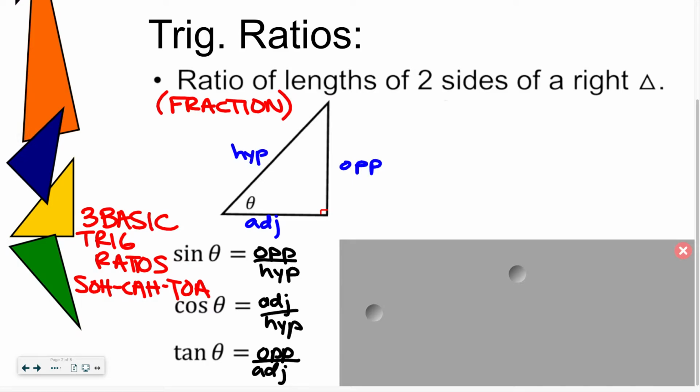So those are what I would call my three basic trig ratios. They're the ones that everyone definitely learned in geometry. And even when you come in here in August, I would expect everybody to know SOHCAHTOA, be able to do those three trig ratios.